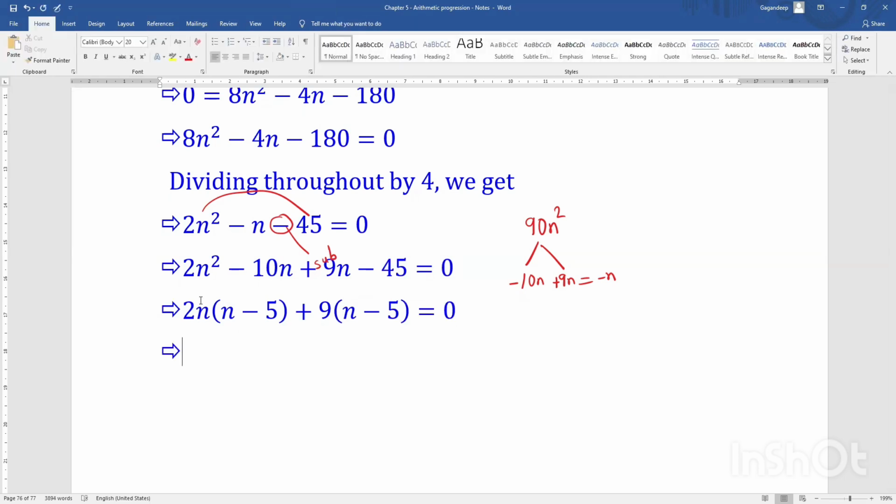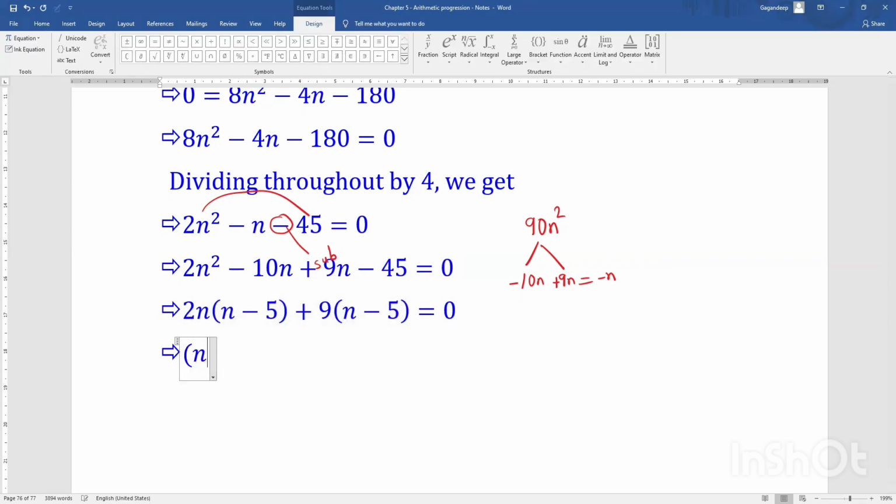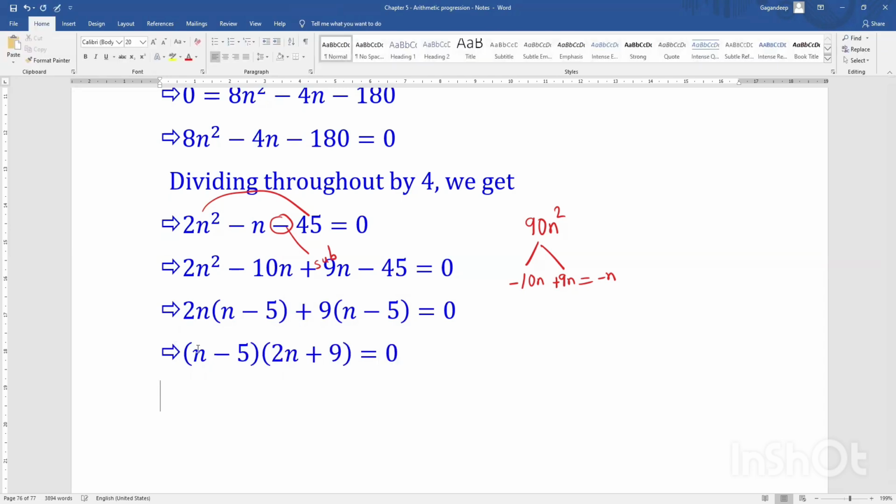Now, the next step. Now we have n minus 5, n minus 5, correct? So we write n minus 5 as the common factor, and then here I write 2n plus 9 equals 0.